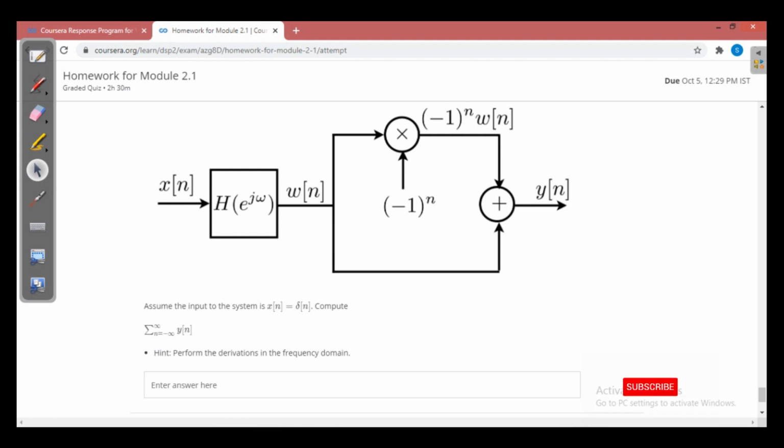Now see here, they give H of e^{jω} with value 1 for |ω| less than or equal to π by 2.